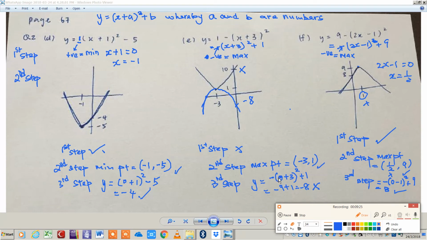Let's look at this. When you put x equal to 0 in order to find the y-intercept, you end up with minus 9 plus 1, minus 8. So minus 8 is here, okay? Because you sketched it as a minimum curve, that's why this is wrong. Okay? Now for the third sketch, you got it correct when you put x equal to 0. So this is correct. Okay. Now, due to the time constraint, teacher is going to talk about this similar working in greater detail later.